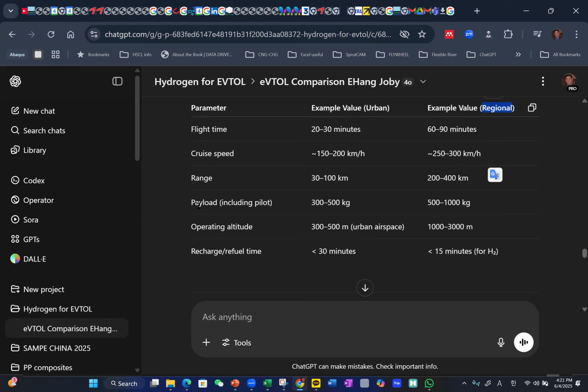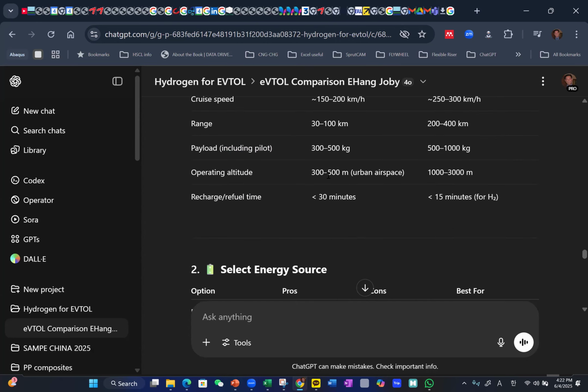Payload, okay, payload: how much, including the weight of the structures and including the pilots. So you need to estimate and define this in kilograms, and the operating altitude, how high you can fly, say 300 to 500 meters high or 1,000 to 3,000 meters.